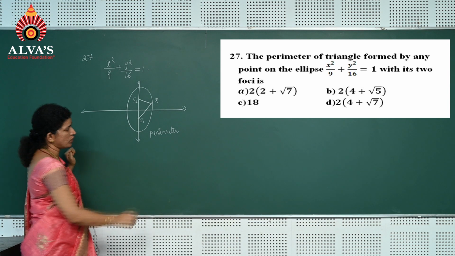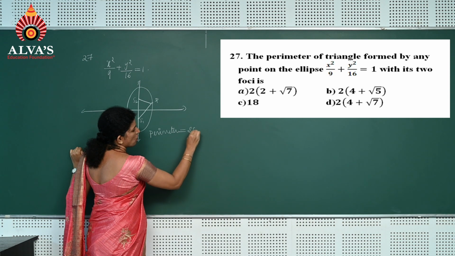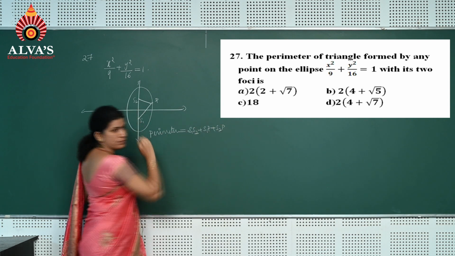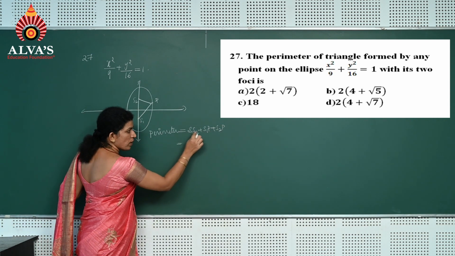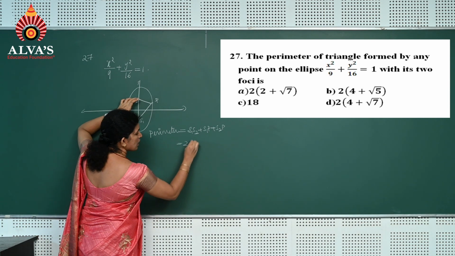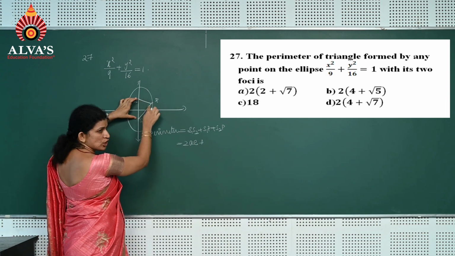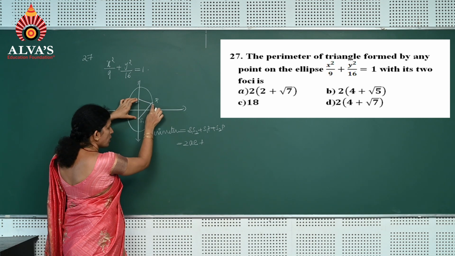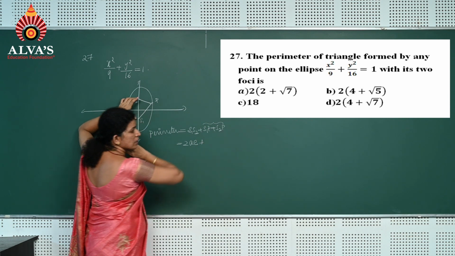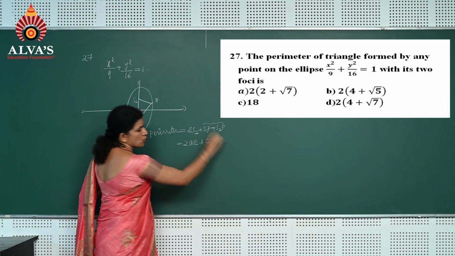Perimeter is nothing but the sum of all the sides, that is S1S2 plus S1P plus S2P. S1S2 is the distance between the foci, that is 2AE, plus S1P plus S2P. P is any point, and S1 and S2 are the foci, so S1P plus S2P is the sum of the focal distances. We know that is 2A.